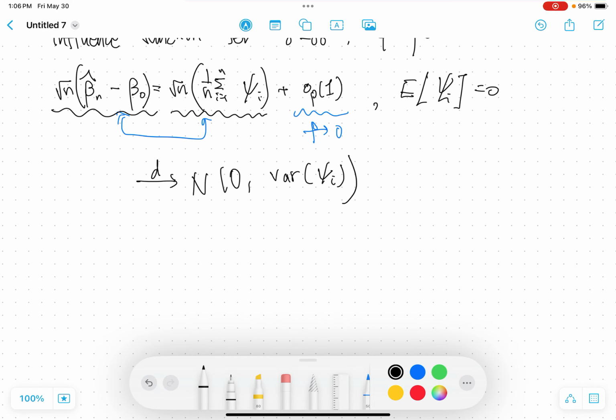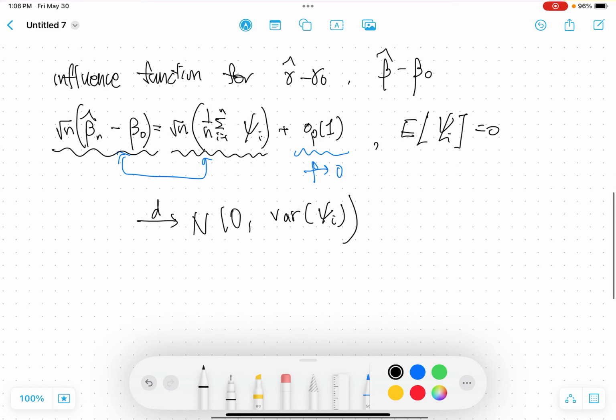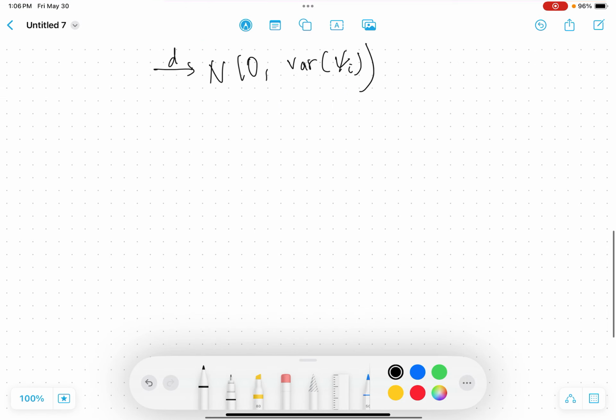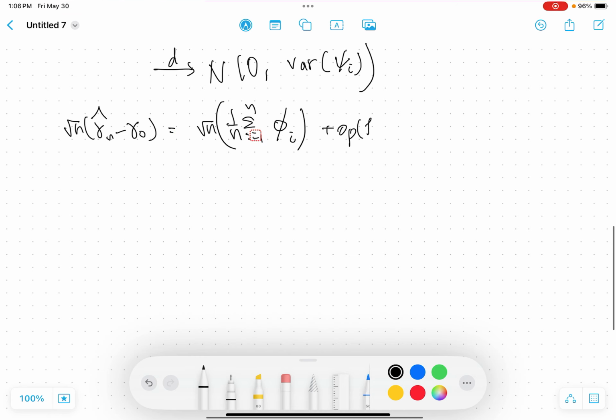Okay, that is our purpose to derive the influence function. Same thing. We are going to think about the first stage estimator's influence function as phi, and first let's derive the phi here.